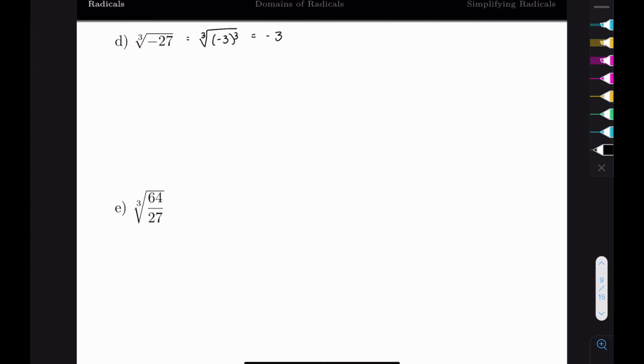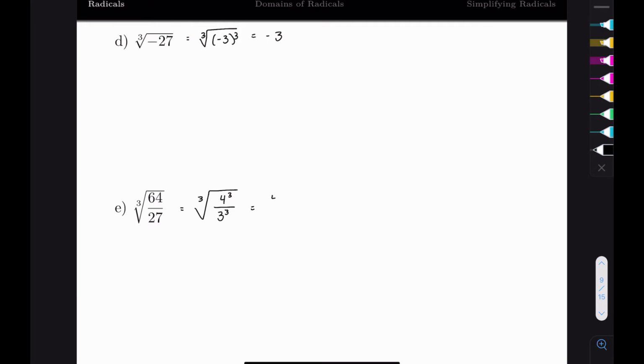Okay. For this next one, we've got a fraction, which is never as nice. So what I want to do is I'm going to actually use some of our exponent properties. And again, we're going to discuss those again in the next section. I want to think about that numerator. So 64 is 4 to the third power. And 27 is 3 to the third power.